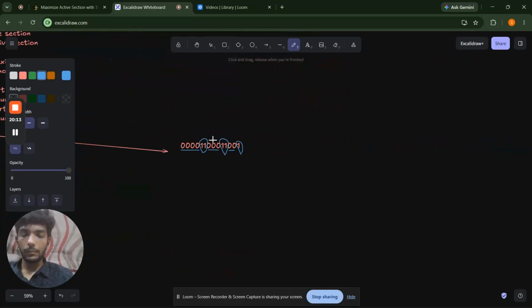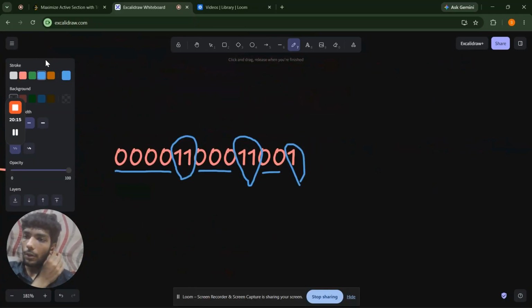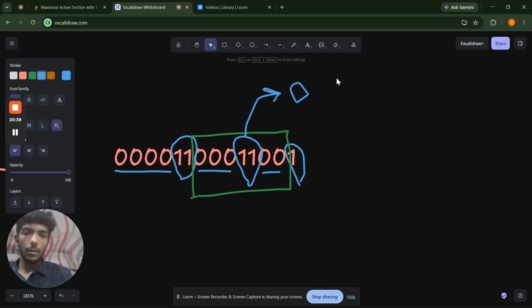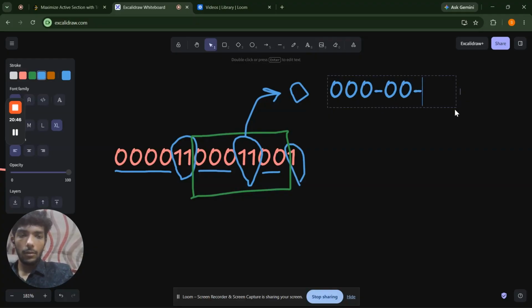Okay. Then what we did was take this entire block, because first we converted this block to zero, so it became 0, 0, 0, 0, 0, 0, 0.